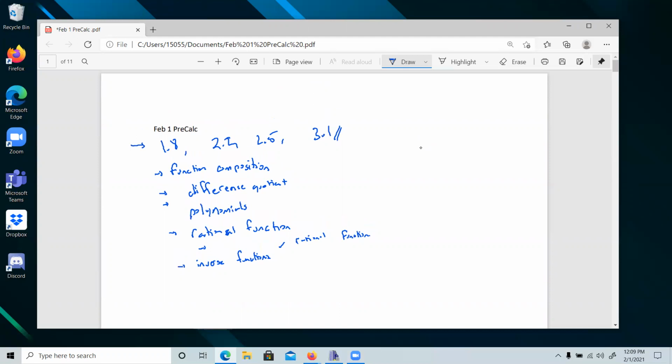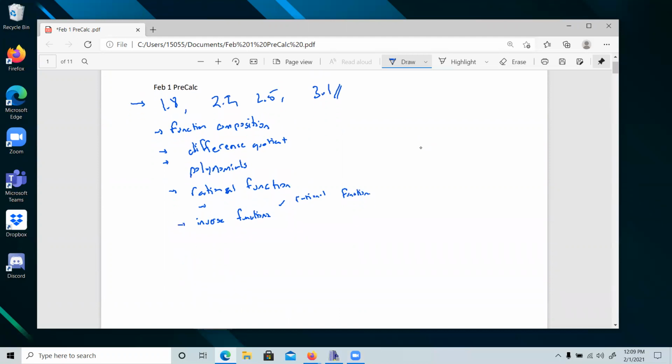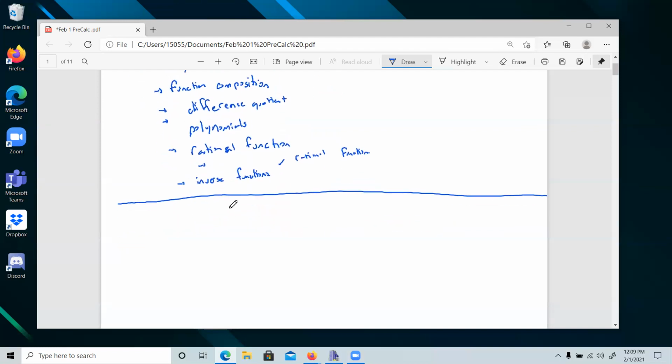Okay, so let's just take a look at function composition. We'll start off with a couple of difference quotient problems because I know that those are always a difficult one. So difference quotient. Okay, now.